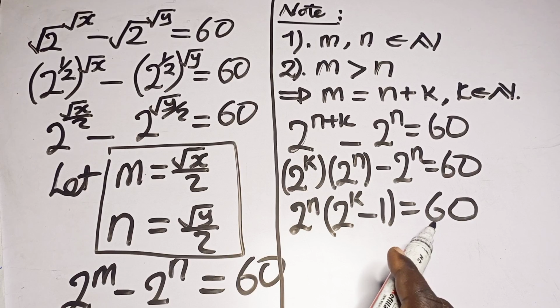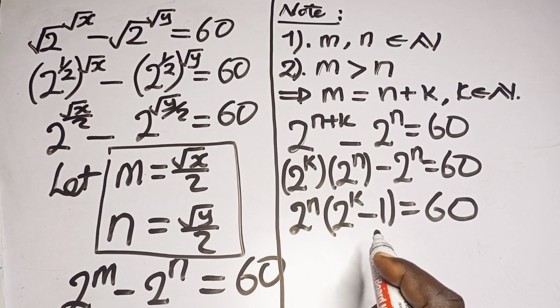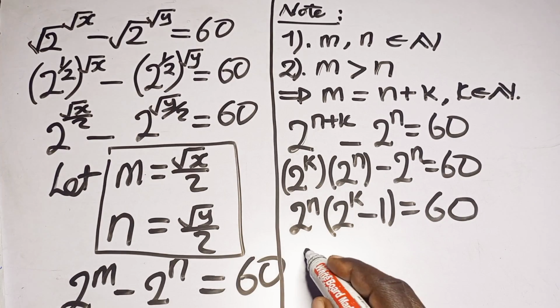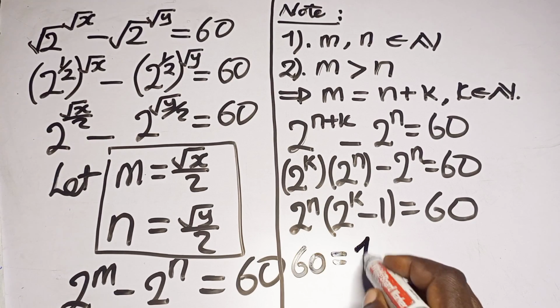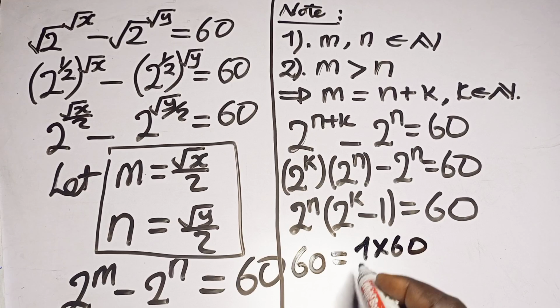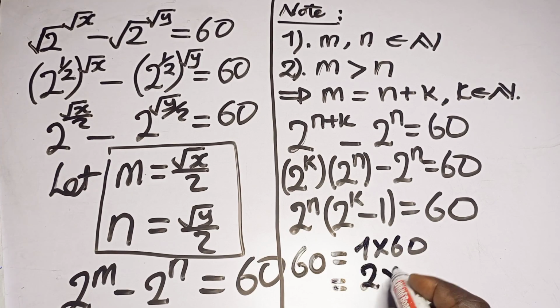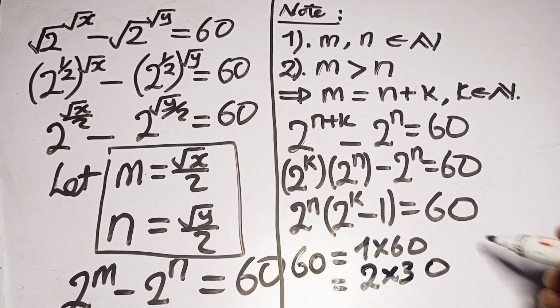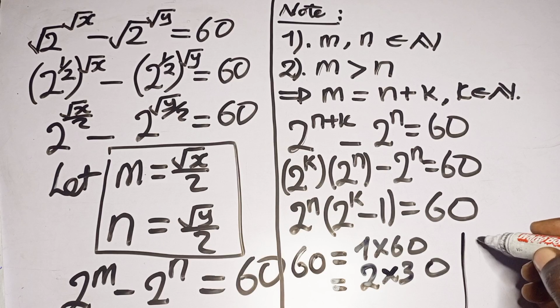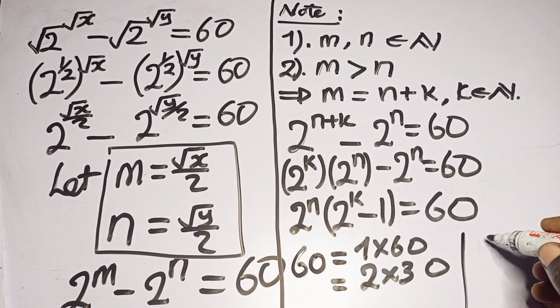Now let's see the possible decompositions of the number 60. The number 60 can either be decomposed as 1 times 60. It can also be decomposed as 2 times 30. It can also be decomposed as 3 times 20.